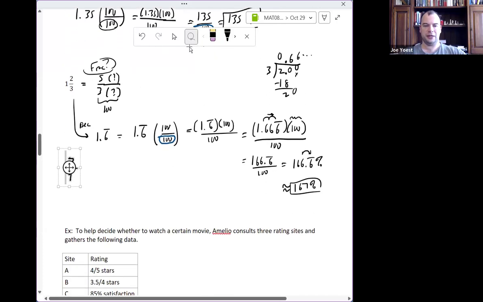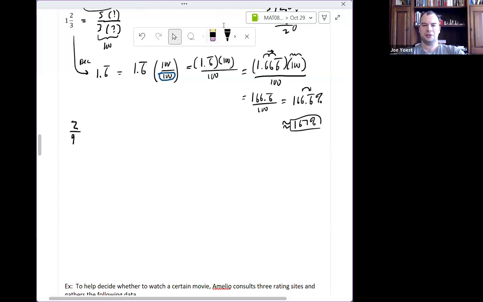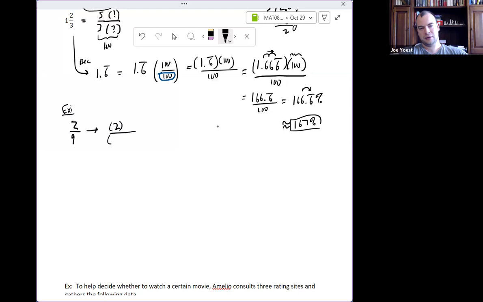And let's look at an example like 2/9 here. An example that is less than 1 and isn't a super nice fraction to work with. So converting this to a percent, kind of similarly, if I tried to do the fractions thing, I want to multiply 9 by something, that's a question mark, to make 100.